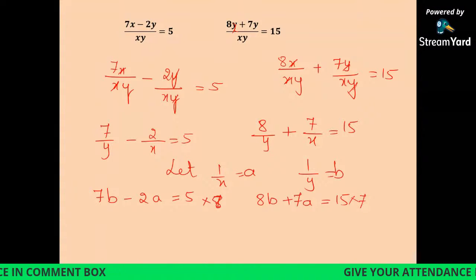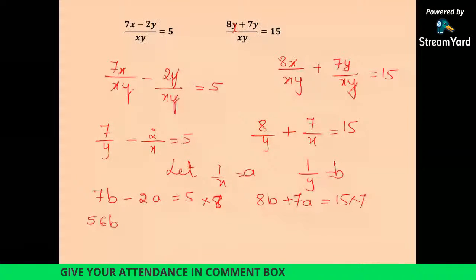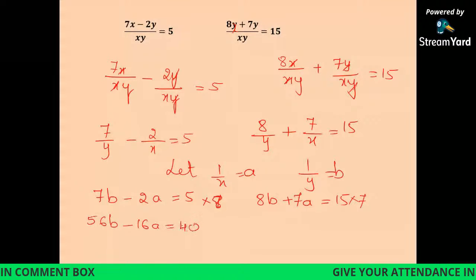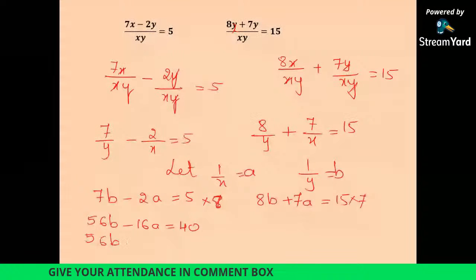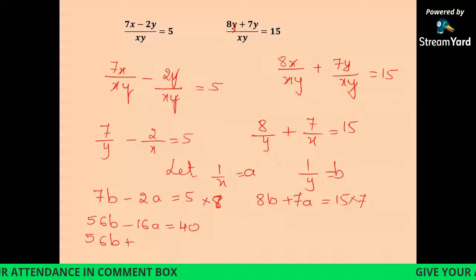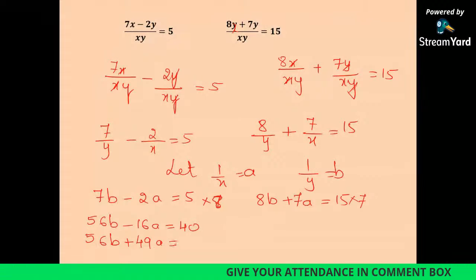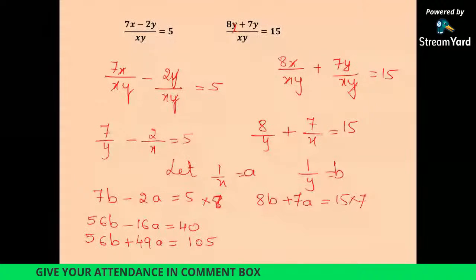Our new equations will be 8 sevens are 56b minus 16a is equal to 40, and I am writing the second equation here only. 56b plus 49a is equal to 101. Is it right? Yes.